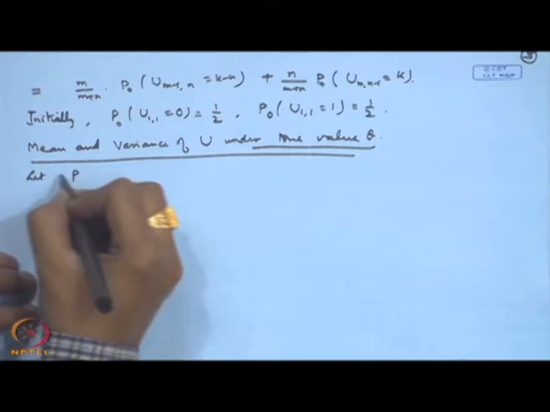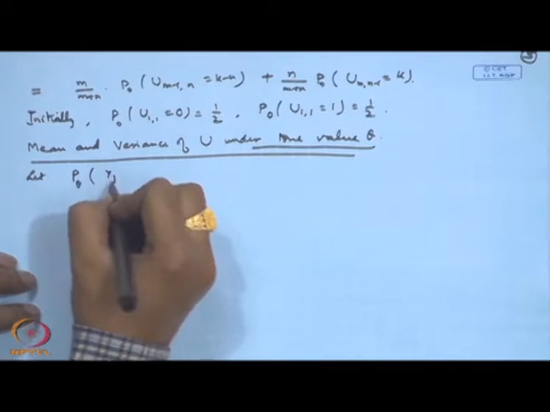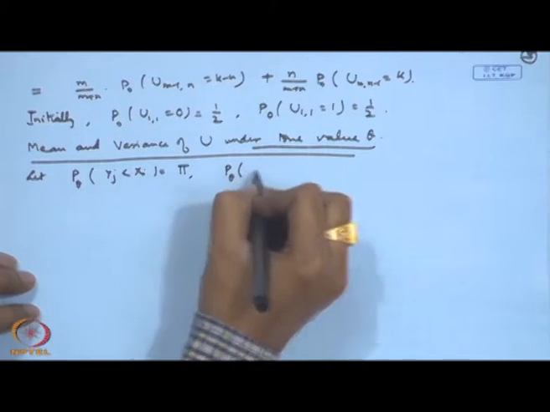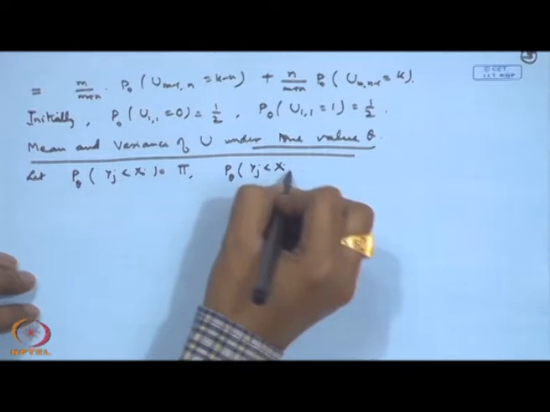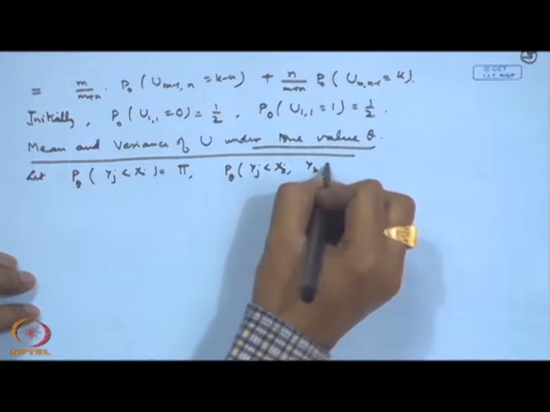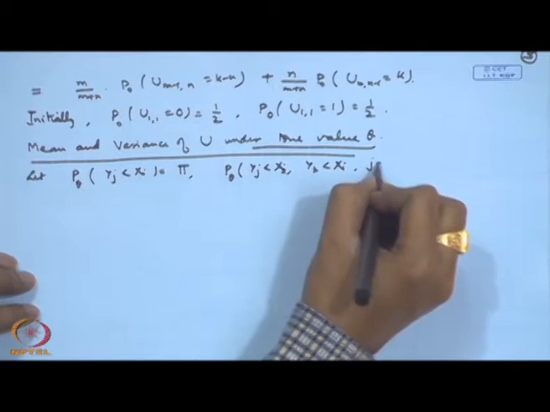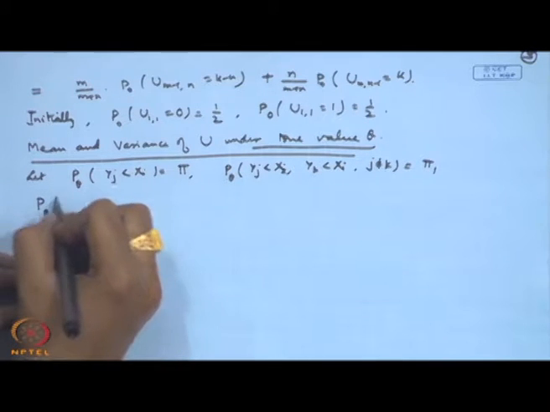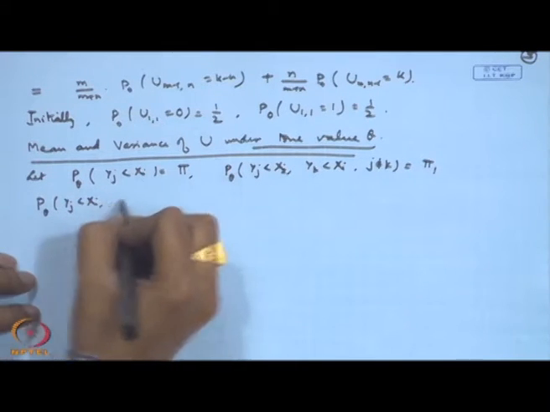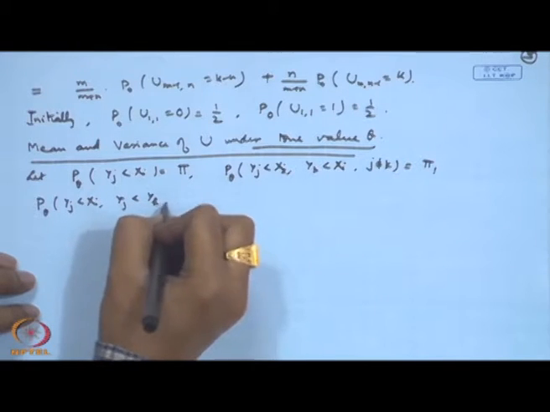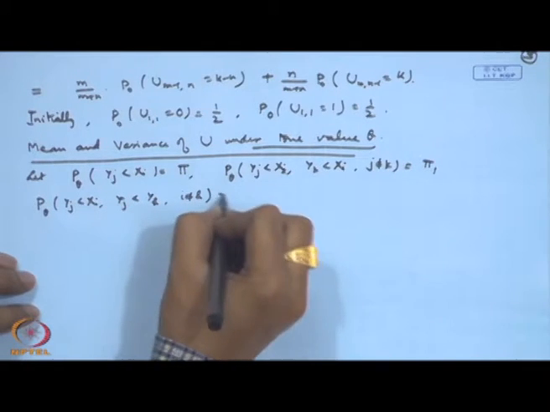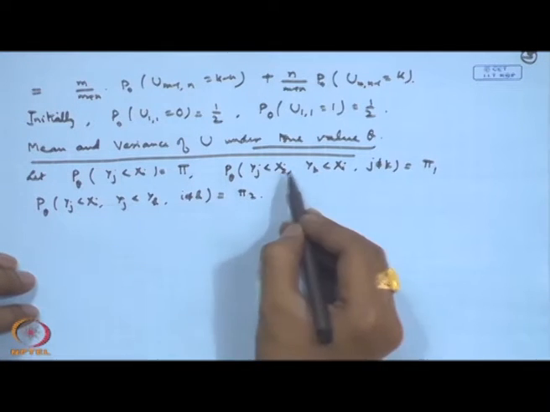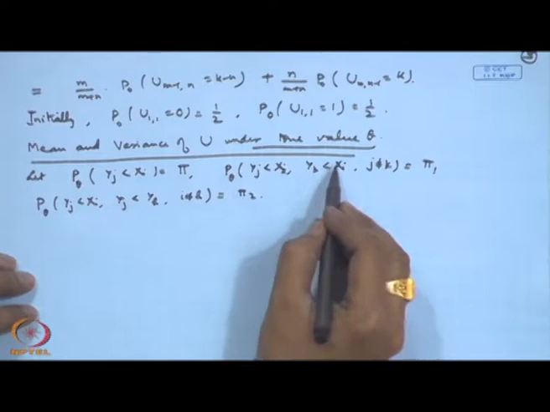Let us consider P_theta(Y_j < X_i) equal to pi, P_theta(Y_j < X_i, Y_k < X_i) for j not equal to k, equal to pi_1, and P_theta(Y_j < X_i, Y_j < X_h) for i not equal to h, equal to pi_2. In this one j is the same and here i is the same.